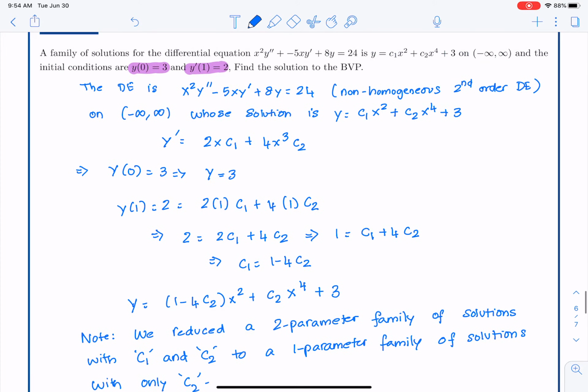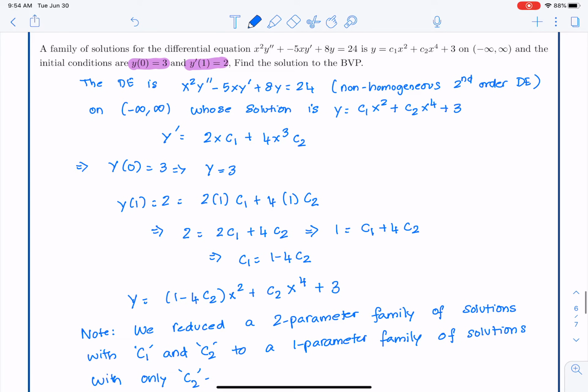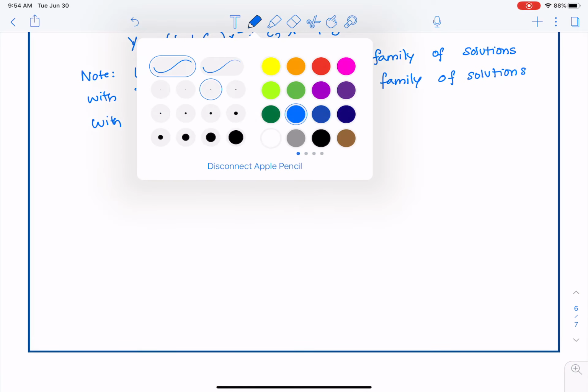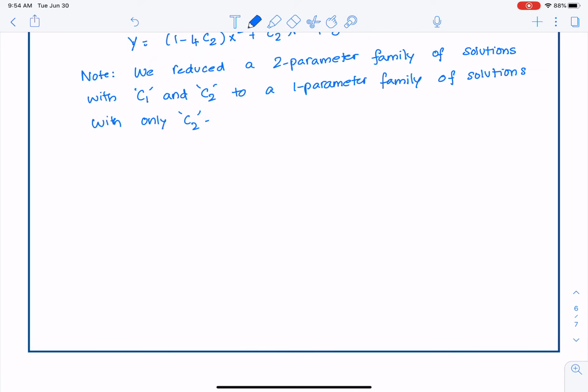Well, we simply have one boundary condition on this. So this happened because we don't have enough conditions to find the general solution.